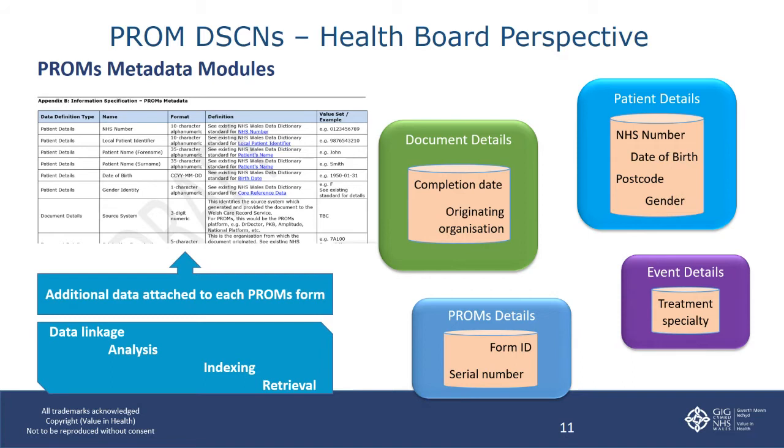Now, this information is important to ensure we can build the correct data linkages between the patient, the pathway, the questionnaires being completed, etc. The metadata is also to ensure we have consistent meaning of the data across the entire PROMs pathway, which is just as important. Next slide, please.